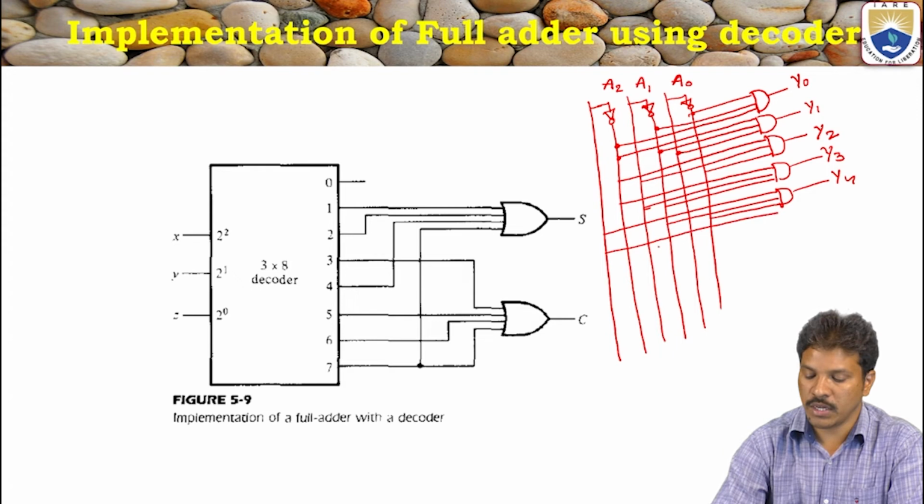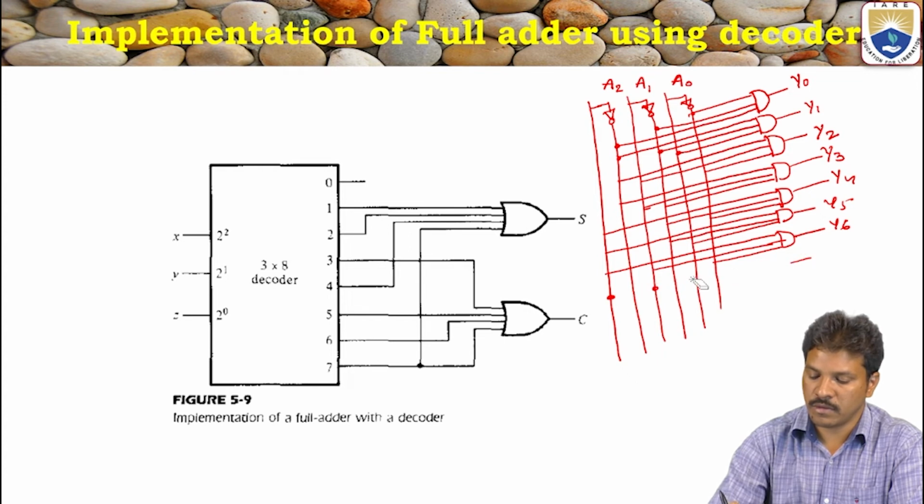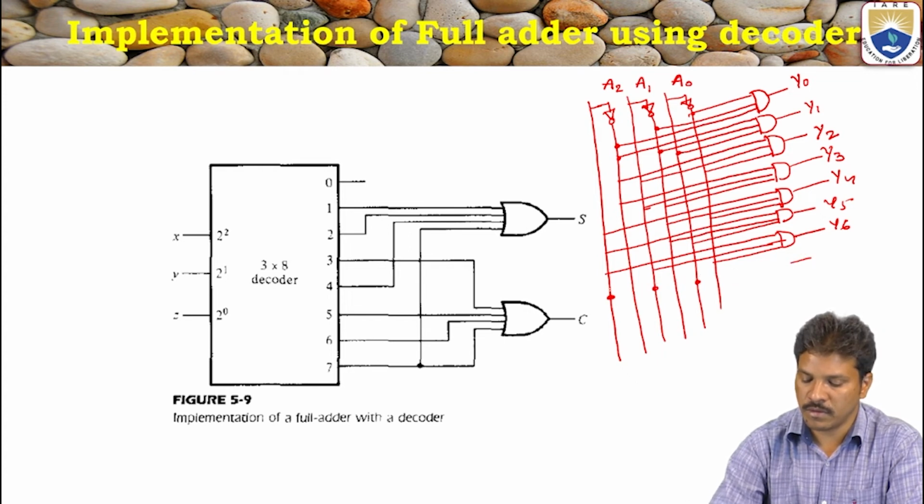101 gives Y5. 110 gives Y6. All ones, 1, 1, 1, gives Y7, with inputs A2, A1, A0.